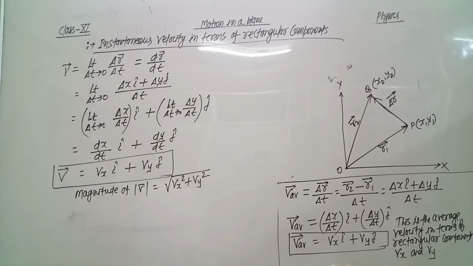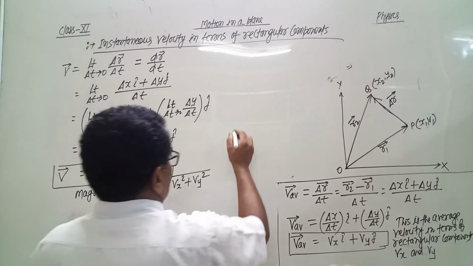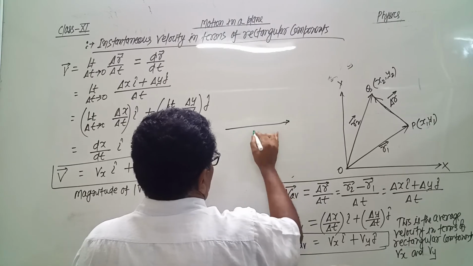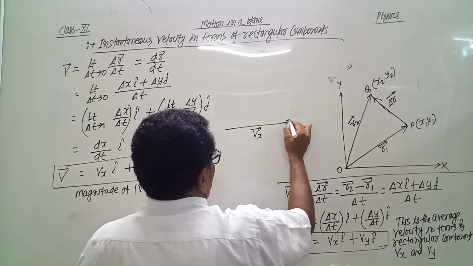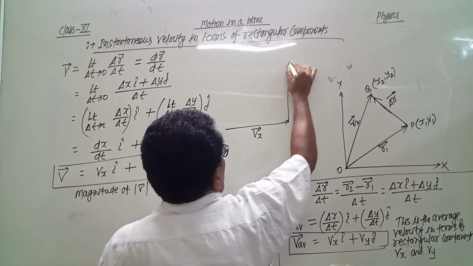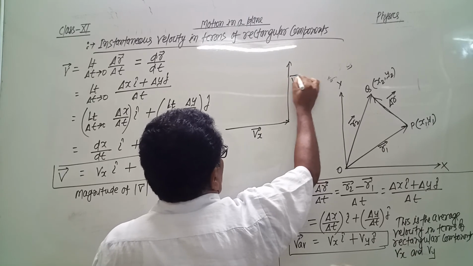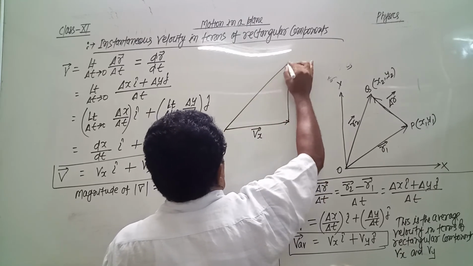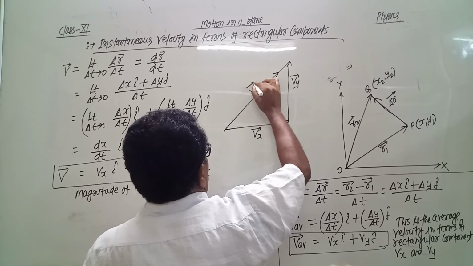And in the vector diagram, this is the vx vector, this is the vy vector, and this is the instantaneous vector v.